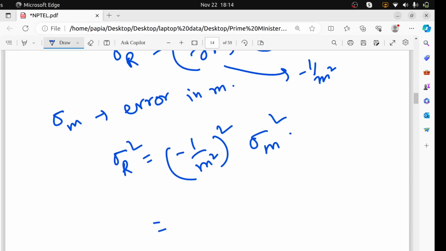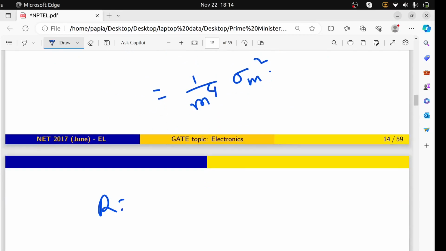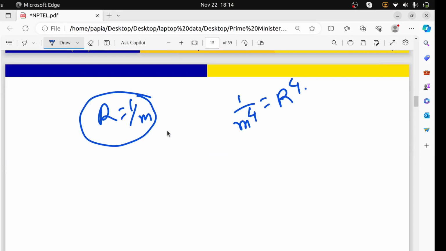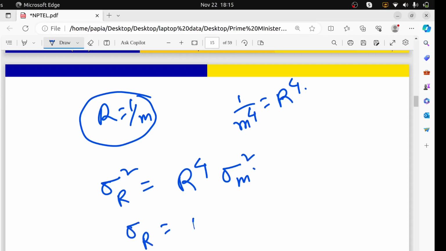Now 1 by M square whole square means it is M to the power 4 sigma M square. And from the very beginning we already have the relation that R equals 1 by M. So that means M to the power 4 is nothing but R to the power 4. Okay. So sigma R square can be written as R to the power 4 sigma M square. So sigma R will be R square sigma M.